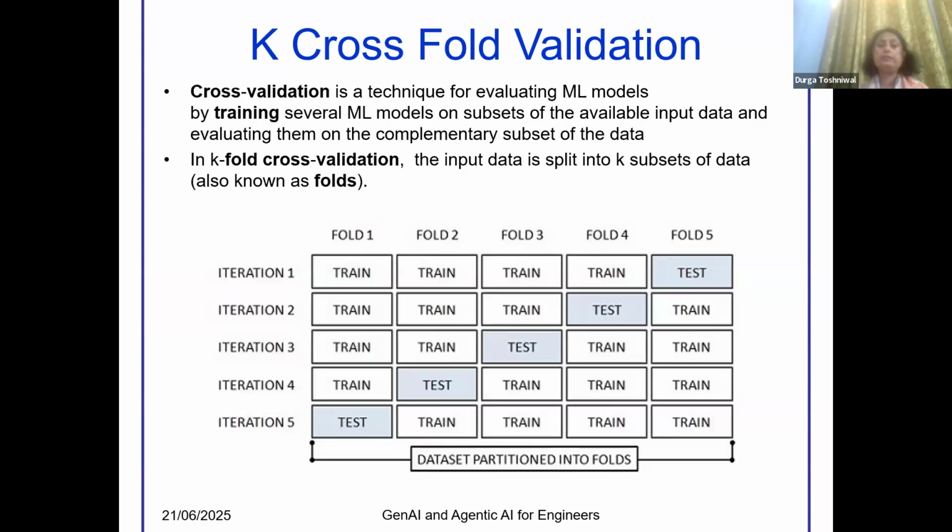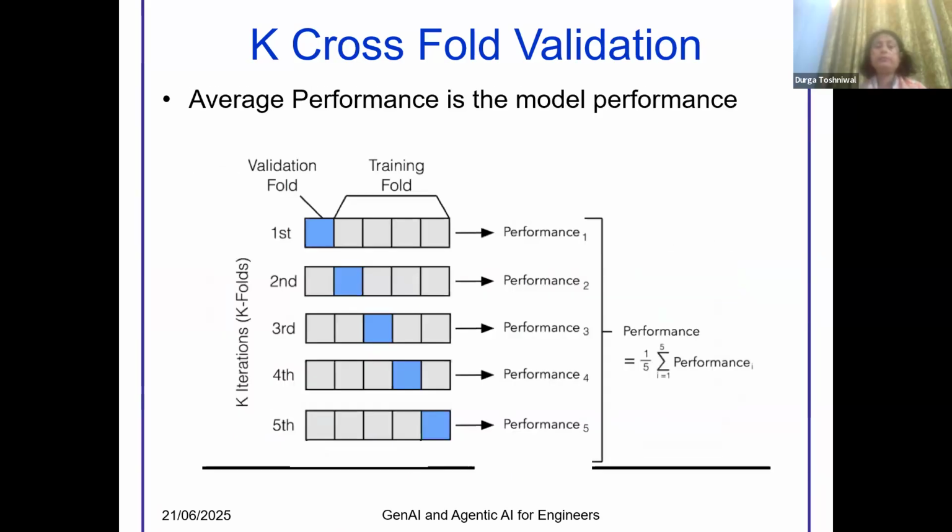Similarly, in the different iterations, different folds are used as the test set, so that there is no data bias and the complete variability of the data is available in the training and the test set. The final performance of the model is given as the average performance of each of these models.